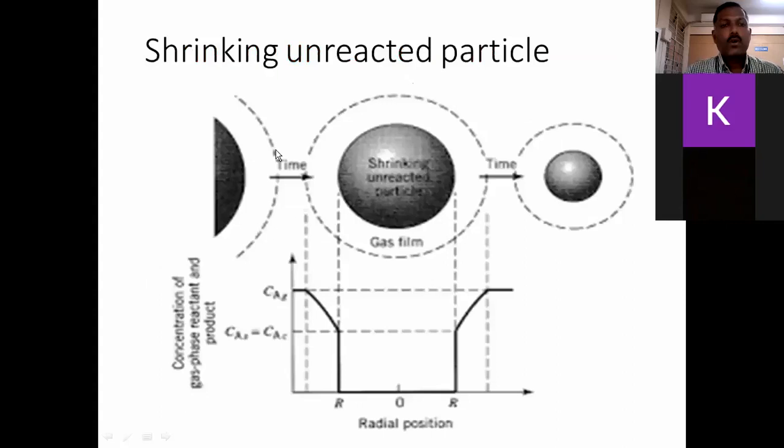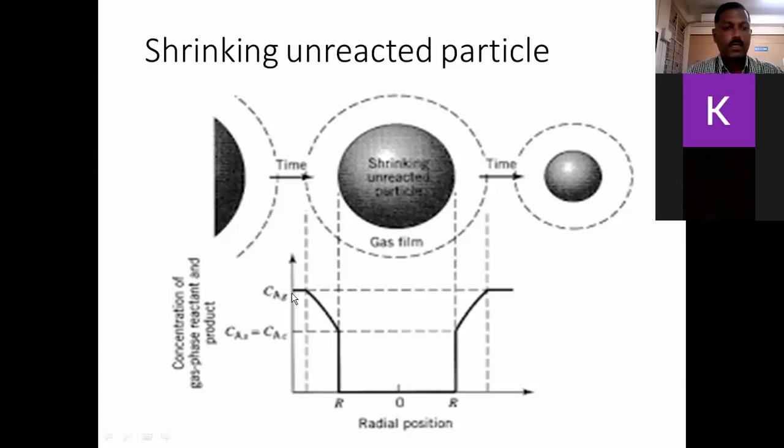So for this shrinking unreacted particle, we see the concentration profile for the gas film diffusion control stage. Here is the shrinking unreacted core of the particle, and the gas film will be formed around it. Taking this section, capital R is the size of this shrinking particle.